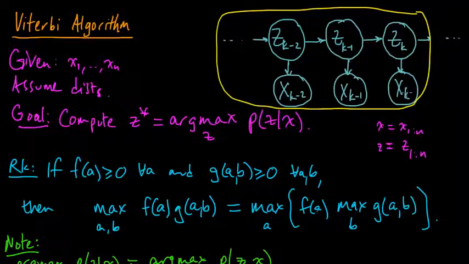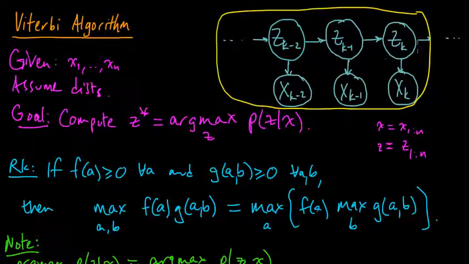And we want to use the trick that we always use for Markov chains, and that is we want to find some recursion, some quantity that we can recurse on, by using the Markov properties of the model.